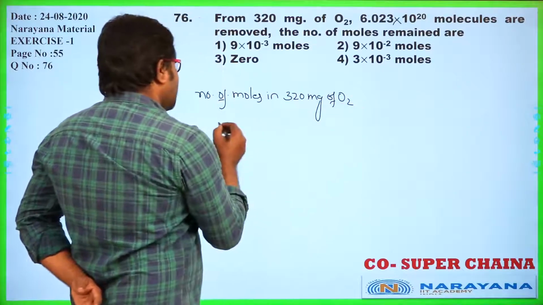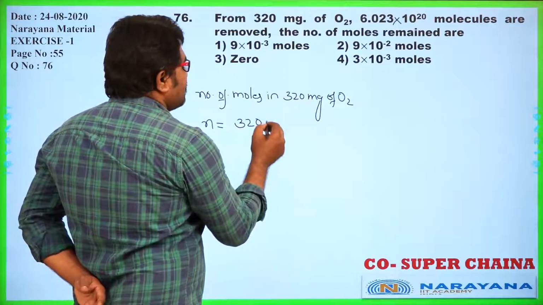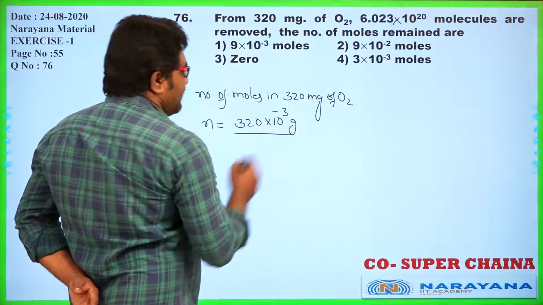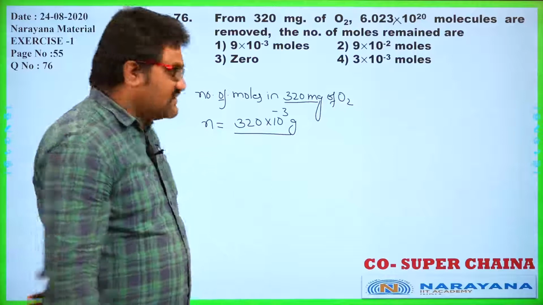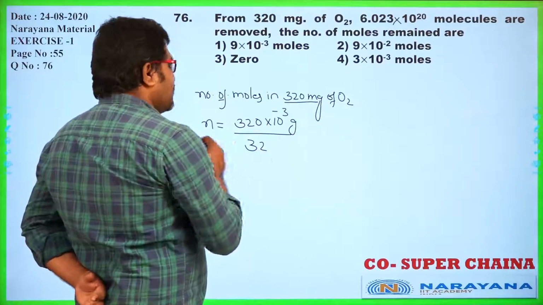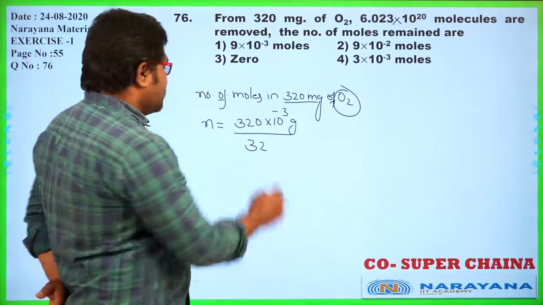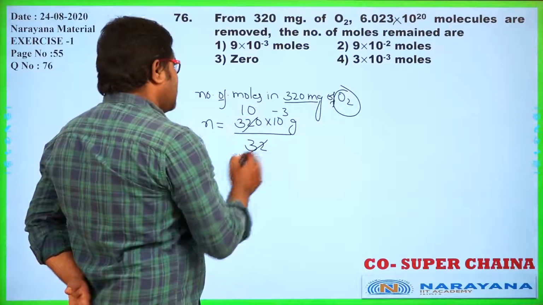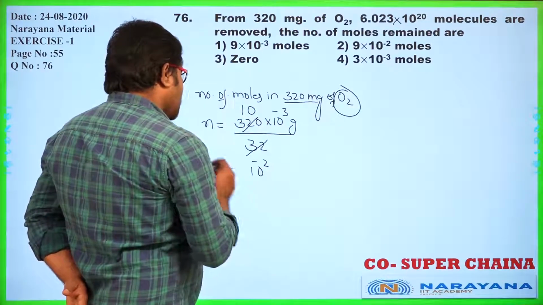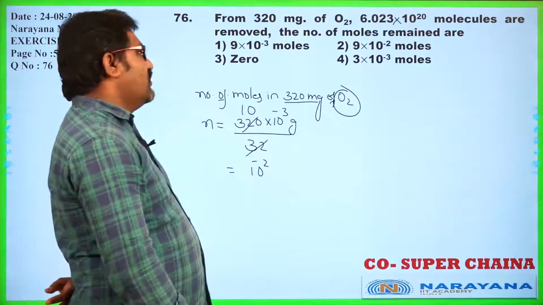N is equal to 320 into 10 power minus 3 grams, converting milligrams into grams, divided by the molecular weight. What is the molecular weight? For oxygen the gram molecular weight is 32. Now it cancels 10 times, so that is 10 power minus 2 moles of oxygen present in 320 milligrams of O2.